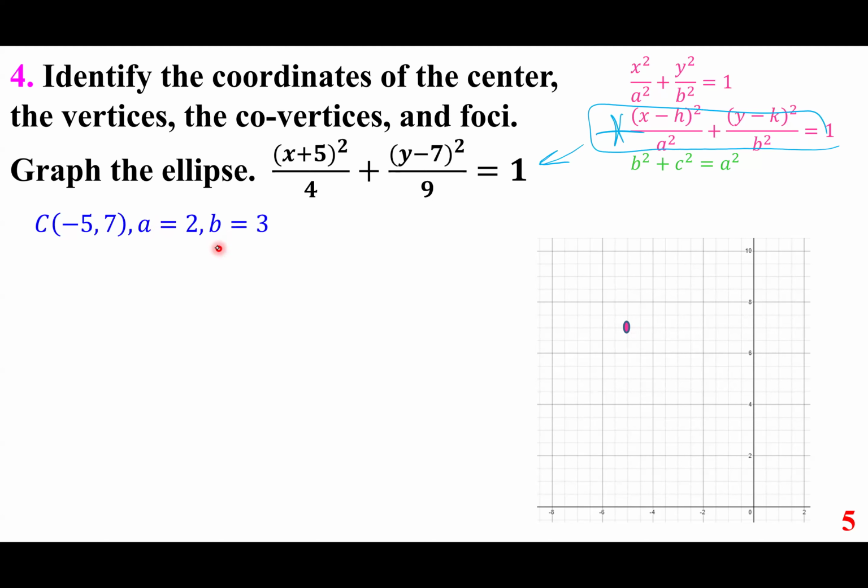That doesn't change, okay? So if we want to go with the vertices first, because this is larger, we're going to go b units up and down. So this 7 changes to 10, or 4: minus 5, 10, go down by 3 units, minus 5, 4. So those are the points.